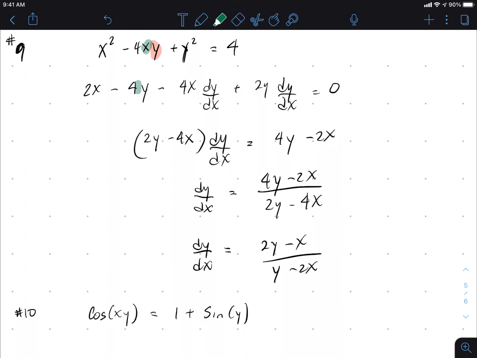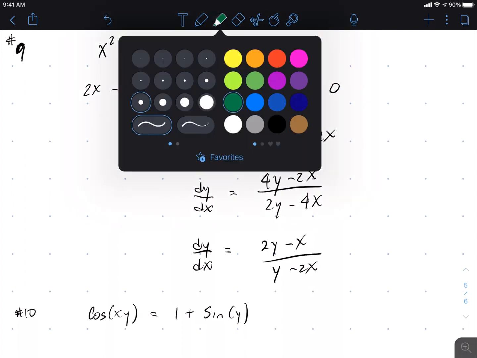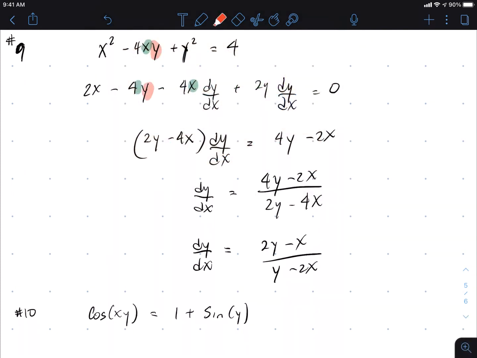If I take the derivative of it, then the green stays here, and the red doesn't change, and here the red takes its derivative, because it's the product rule. So that's what gives me my dy dx there. Remember, the product rule goes like this: the derivative of f times g is equal to f prime times g plus f times g prime. Okay, so that's how I got this section here. Now, do you see that red dot? Yeah. Okay, cool.